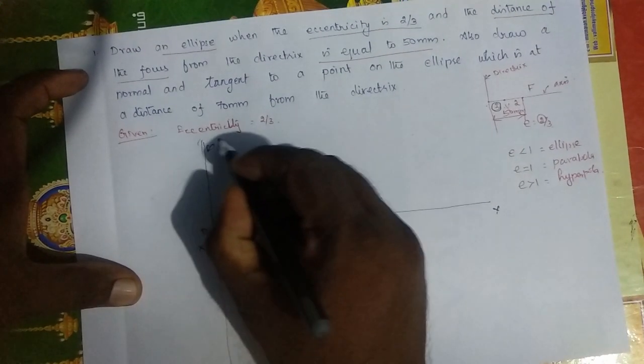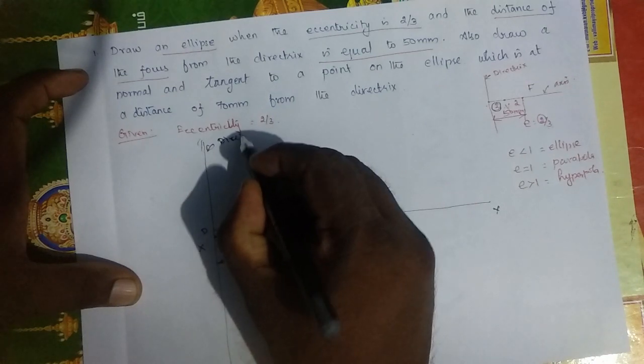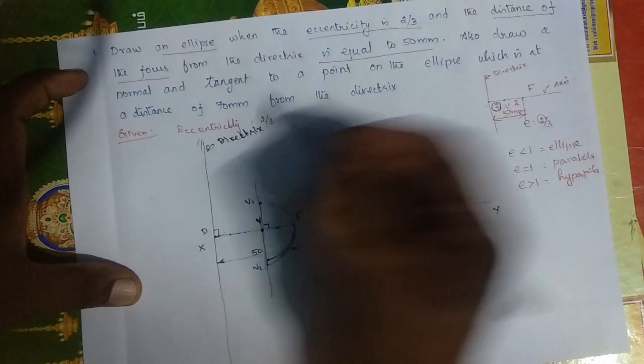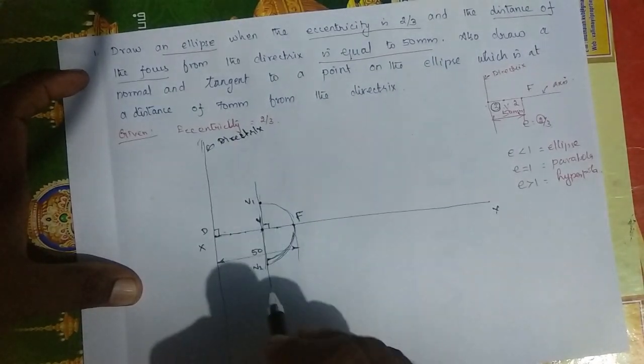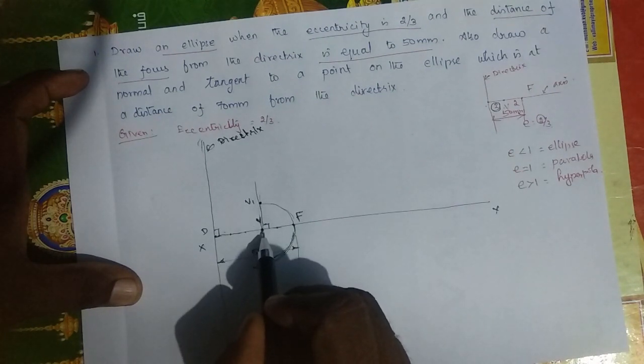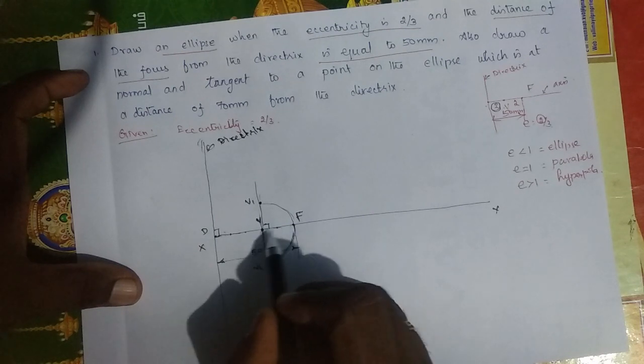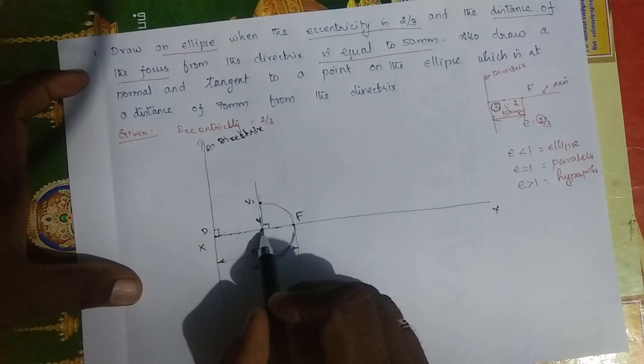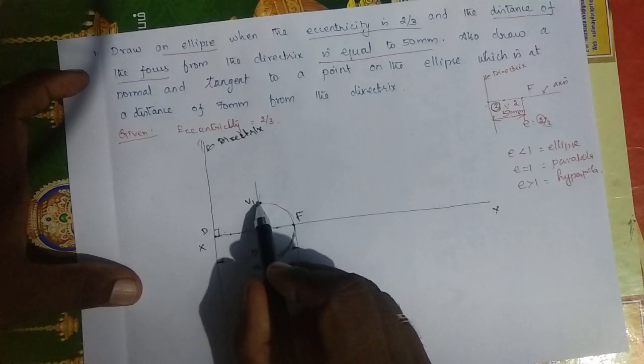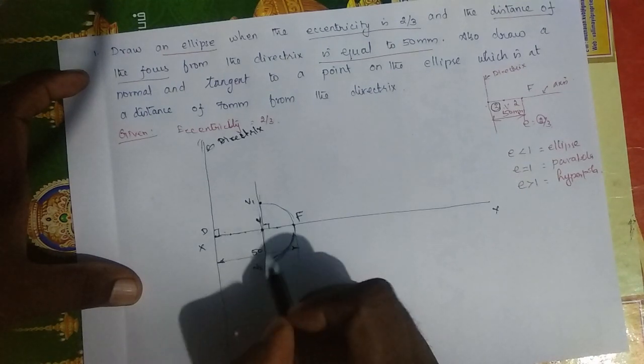This is the directrix, no? Parallel with the directrix I have just drawn. So now I use the compass to transfer this focus point, with the vertex as the center. I simply take it in the upward side and then the downward side. I got 2 points, that is V1 and V2.